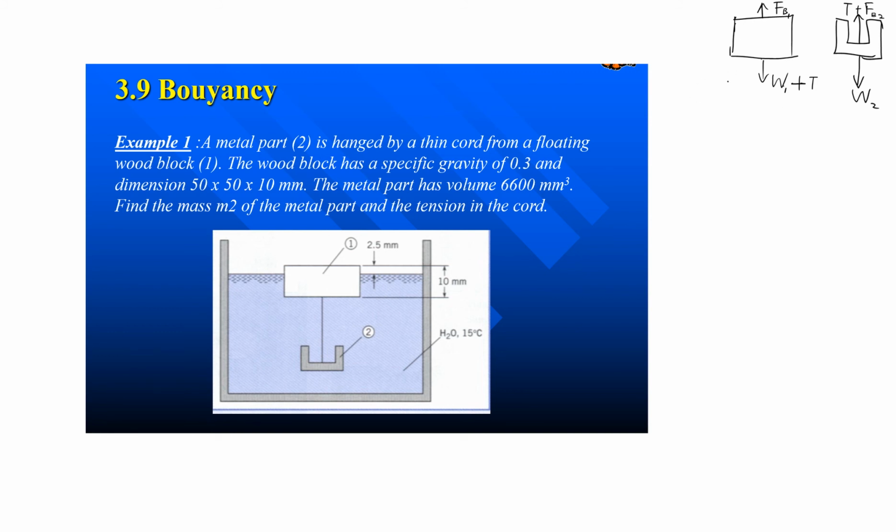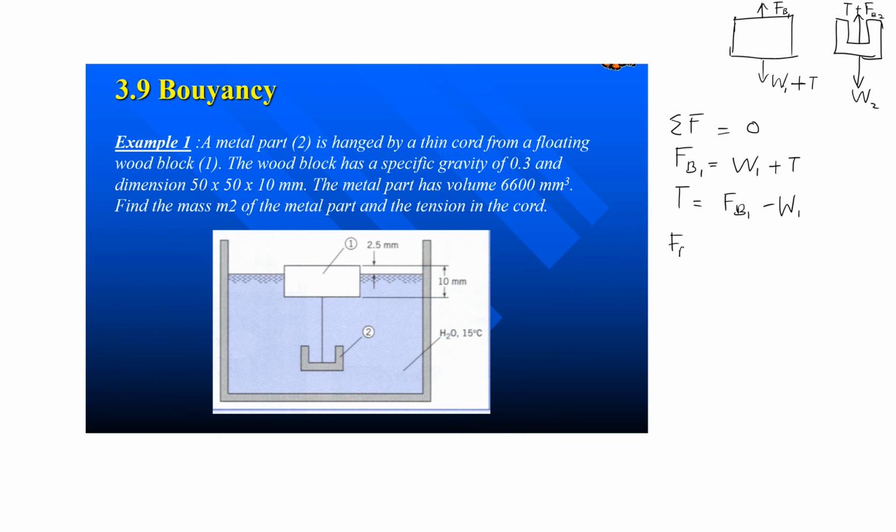We solve for the wood block first. The summation of force is equal to 0. So FB1 equals weight plus tension. Basically tension is FB1 minus weight 1.